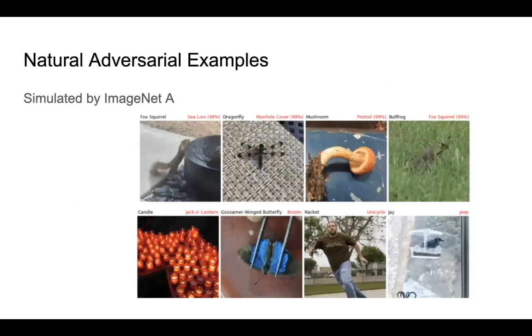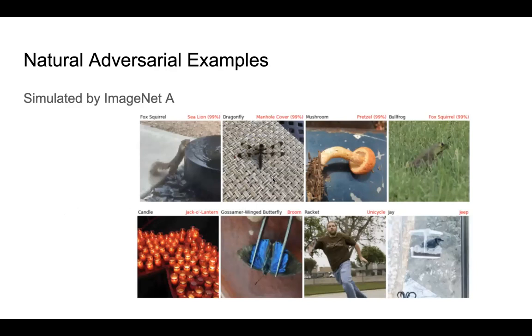Now come these natural adversarial examples. As we can see, these types of data sets are really very difficult for a model to predict.